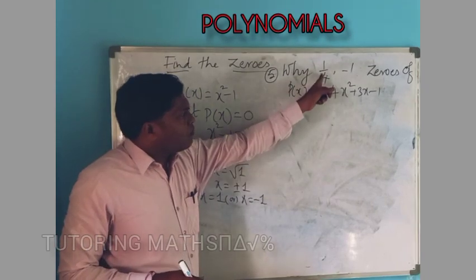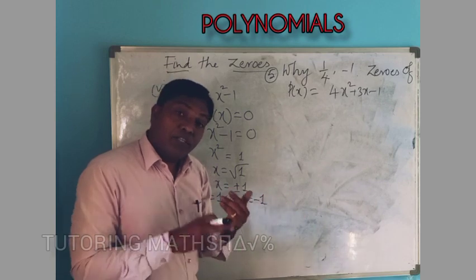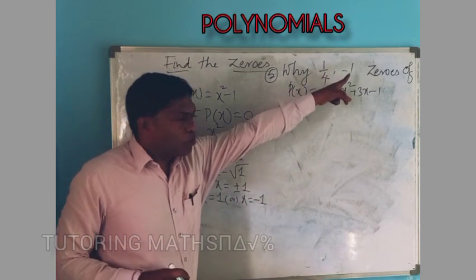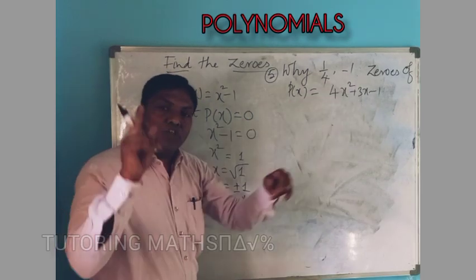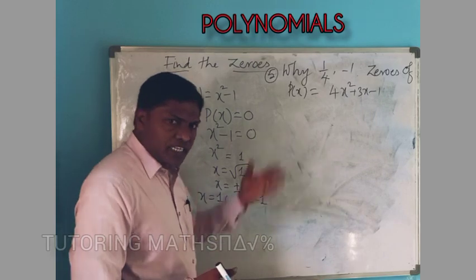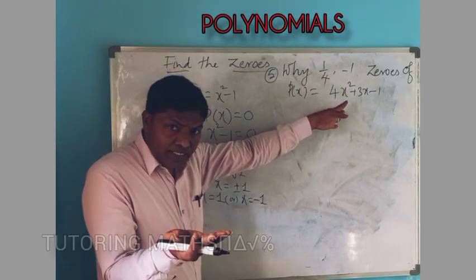They are saying that 1 by 4 and minus 1 are zeros. Why? If you substitute both the values in this polynomial, you must get 0 as a result. Okay, let us verify whether we get 0 as the result or not.